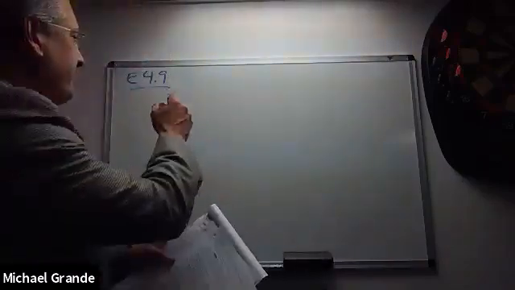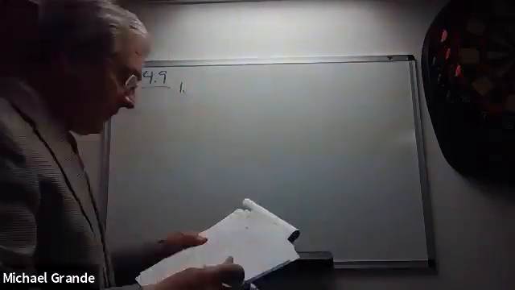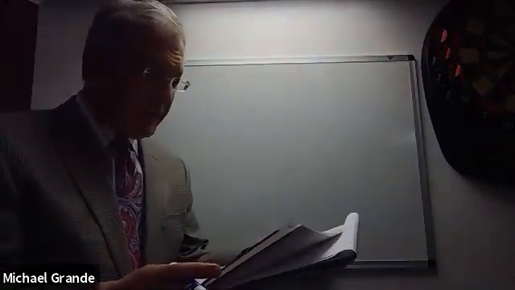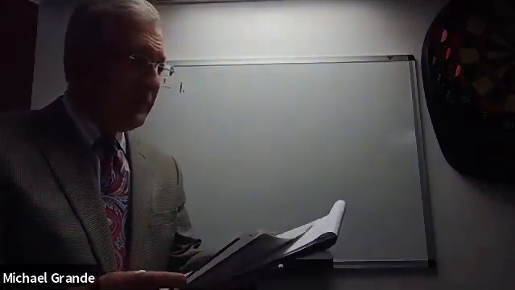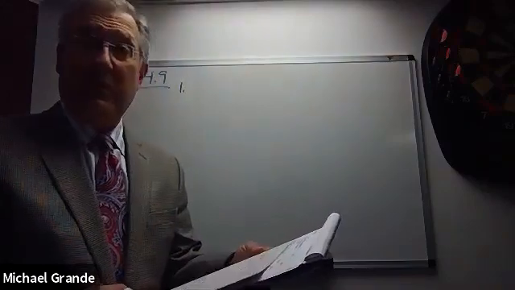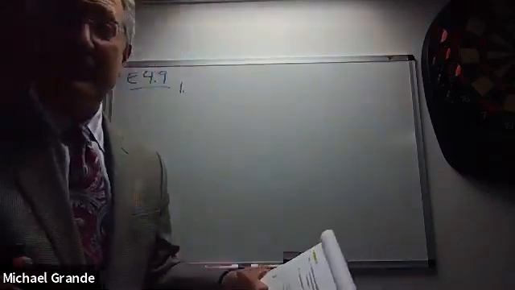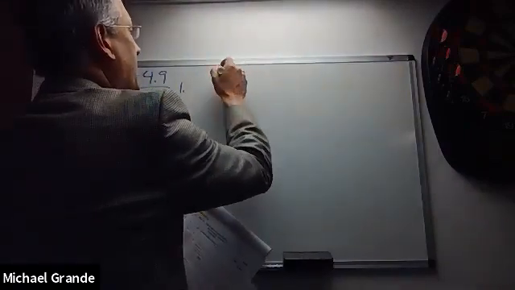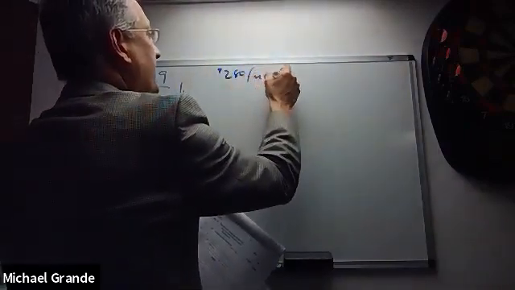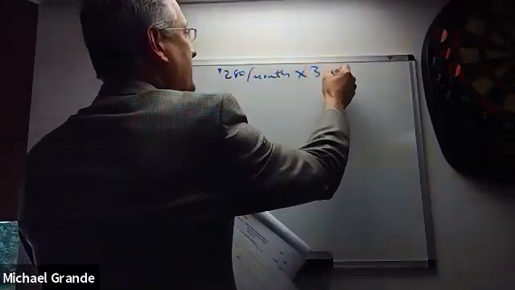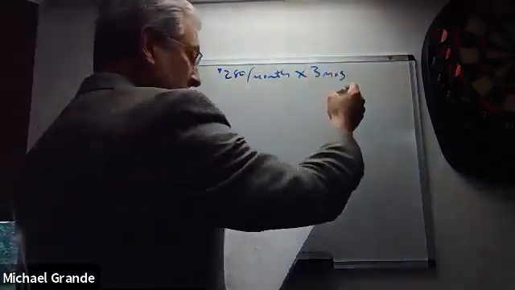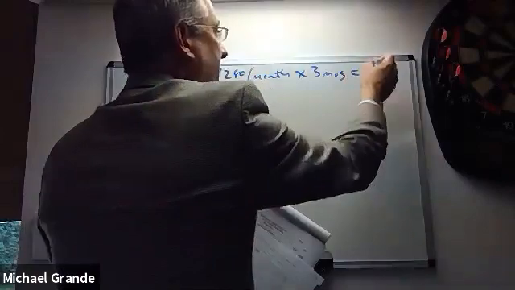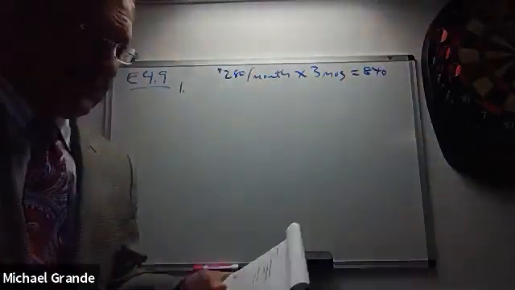So the first item says, an analysis of the account shows the following. Number 1, the equipment depreciates $280 per month. Now remember, we're making journal entries quarterly. So we've got $280 per month times 3 months. That's going to be $840 of depreciation that needs to be recorded.